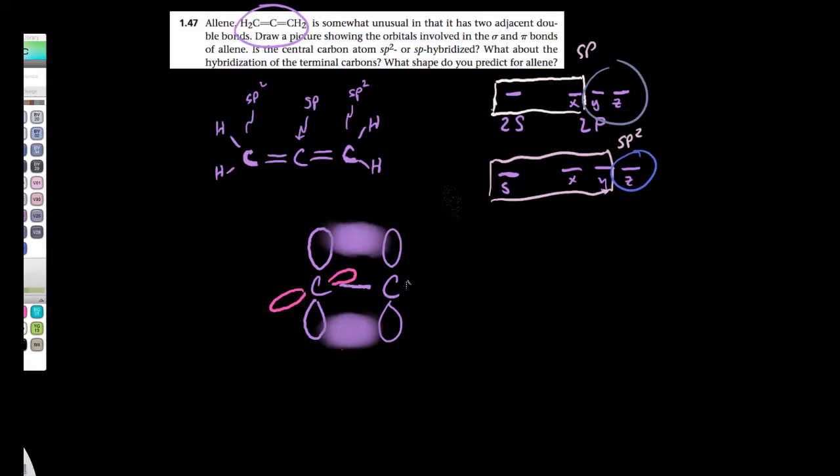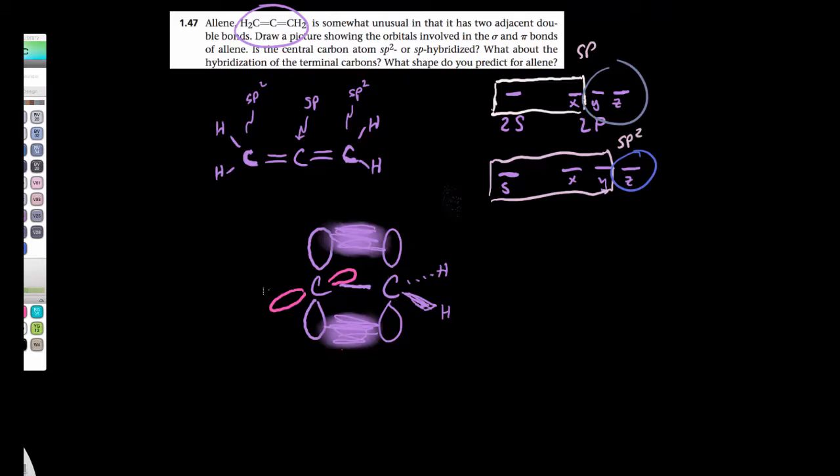That means that this hydrogen has to be going back, and this other hydrogen, to be in the plane, has to be coming out at you. Okay, so these are all in a plane. This is the trigonal planar geometry of an sp2 hybridized carbon, which has this pi overlap above and below the plane formed by the three substituents.